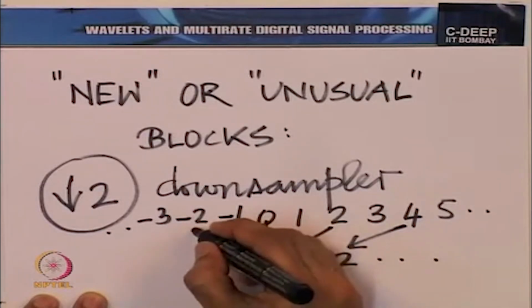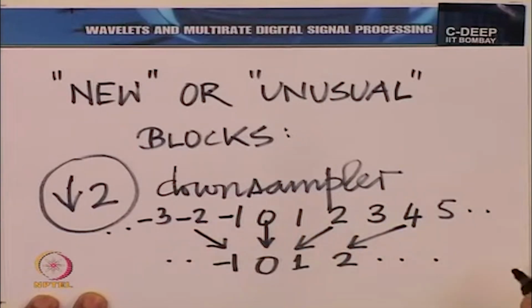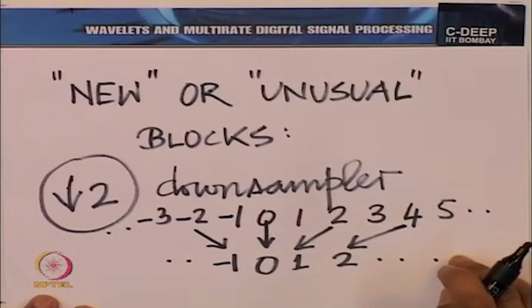And on this side the minus 2 sample comes to the point minus 1 and so on and so forth. So, in a certain sense the downsampler is both a remover of some samples and a compressor of the remaining samples. There are two steps in downsampling if you think about it, and we shall in fact analyze the downsampler treating it as a cascade of two steps.